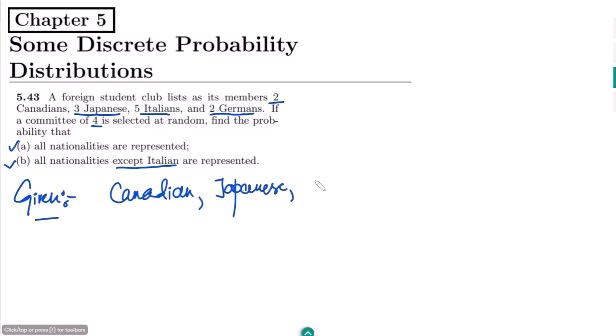Okay, so first of all, let me write here the given data. What is given here? So the nationalities we have here are Canadian, Japanese, Italian, and the last one is German.